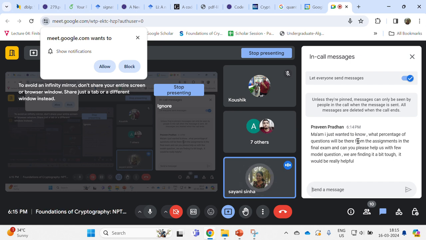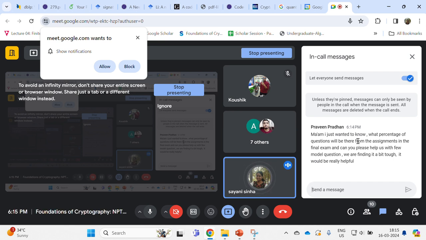Okay, so what in the exam, I think if you understand the assignment questions that are getting discussed, and if you go through the lectures thoroughly, get to know the concepts well, then it should not be much problem to clear the exam, I believe.